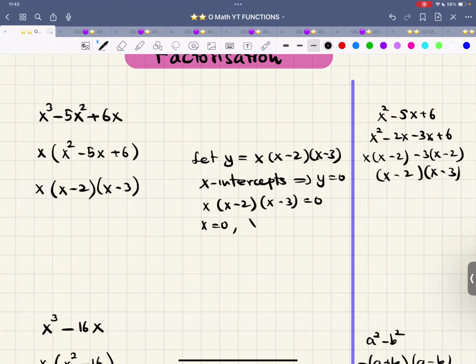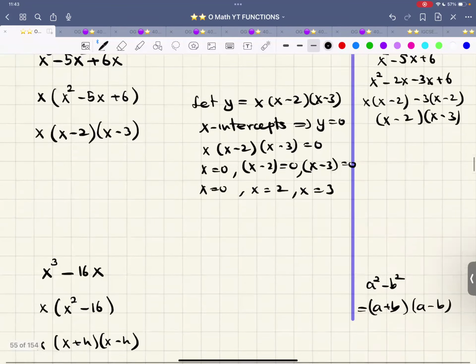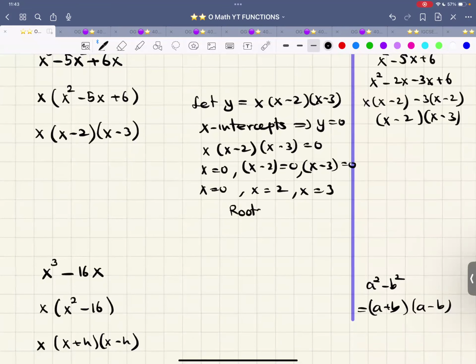Each bracket equal to 0, therefore x is 0, therefore x is 2, therefore x is 3. These are known as roots of equation, x-intercepts, solution of equation y equals 0. There are three names for this.